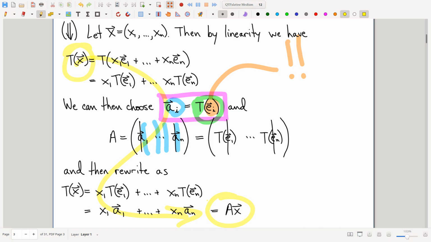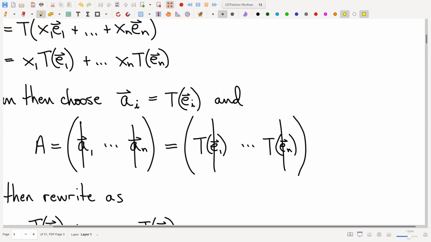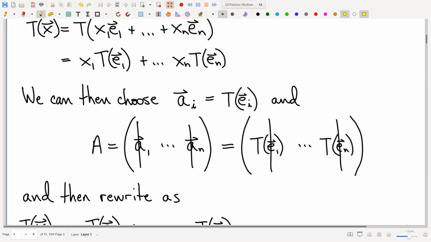Okay. All right. So in practice, how are y'all going to use this? What can you do with it? What can you produce with this? And here's the idea, one of the big ideas anyway. Let's suppose that you want to find the matrix that executes a certain linear transformation.